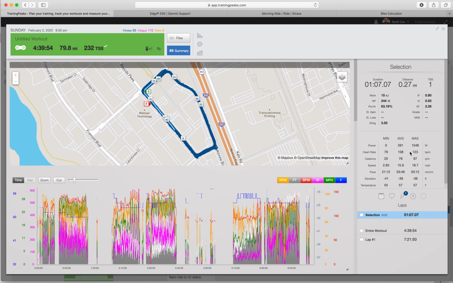On that note, just a little tangent: 1500 to 1600 watts is something a lot of athletes can do. It's good sprint power, but it's believable. I think there's a thought that if you can sprint 1500 watts, then you're going to be a pro. Yeah, for anaerobic abilities and sprint-type power, a lot of amateurs can do what the Tour de France riders can do. What makes the Tour de France riders and pro riders a lot different is their aerobic abilities.